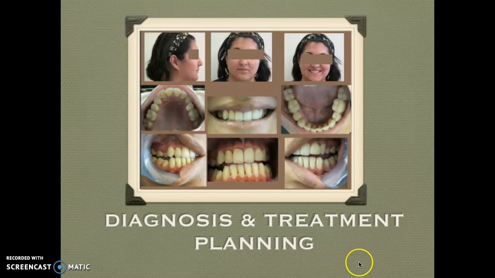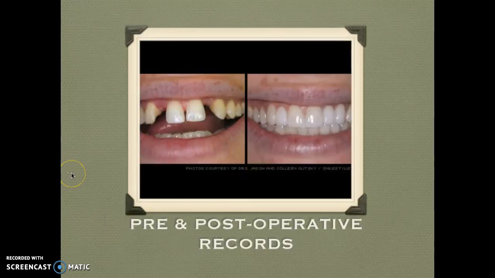So again, very typical of our photographs for orthodontics, but they could also take photographs for prosthodontic treatment, for dental reconstruction, or as we'll see in this next slide, for cosmetic dentistry.